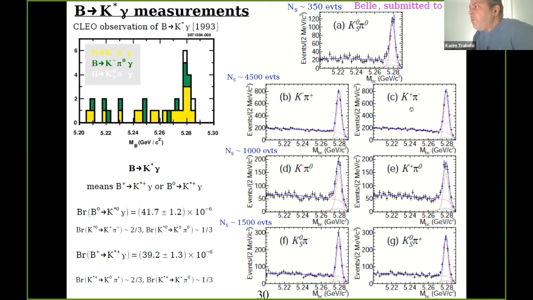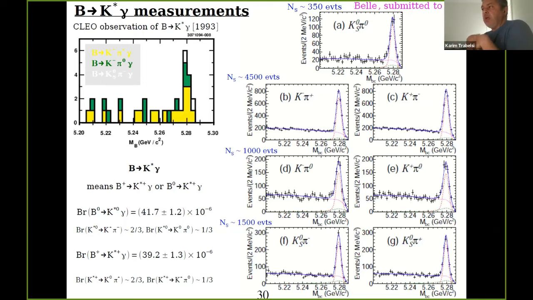So why did we separate? We separated this K minus pi plus in two categories. In fact, the B plus and the B minus can be reconstructed separately to measure the charge asymmetry and to see if there is a sign of departure from zero.